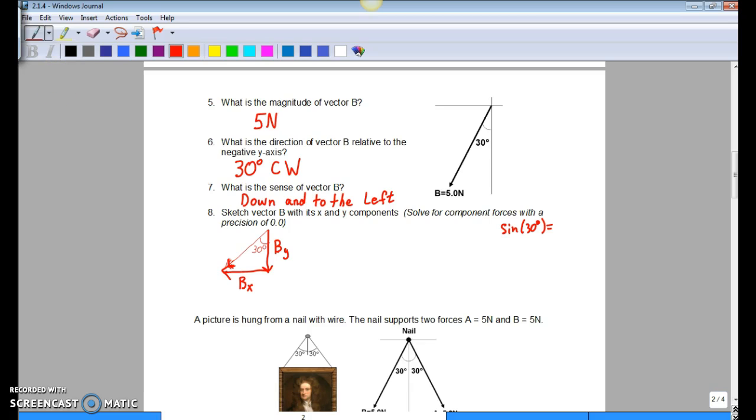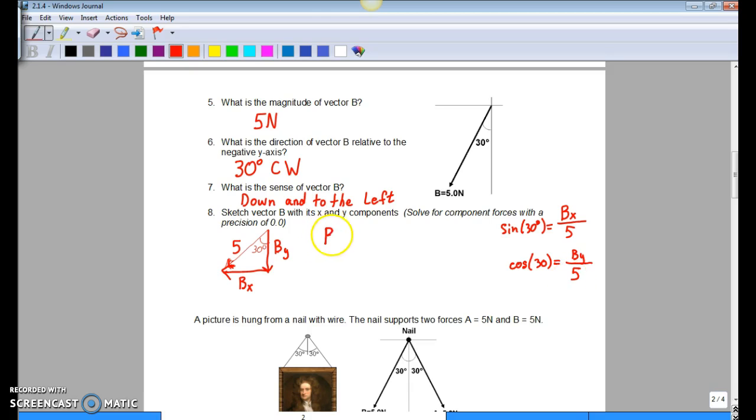I would find that sine of 30 is b sub x over the magnitude. The magnitude was again 5. So over 5. And cosine of 30 is our adjacent side, which is b sub y, again over 5.